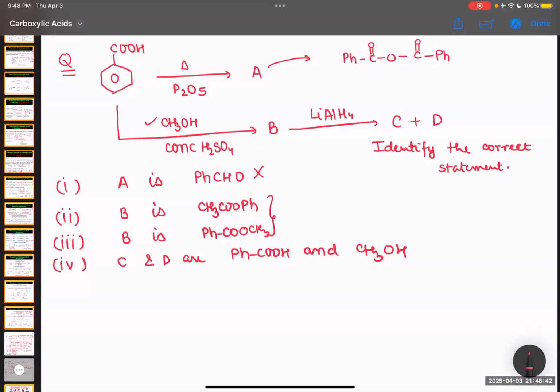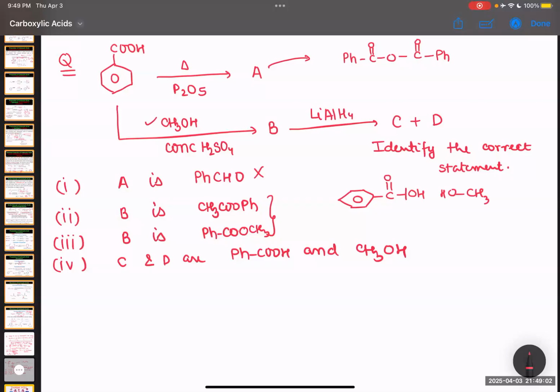They both may look similar, but don't get confused by their similar structure. This is the acid and this is the alcohol.